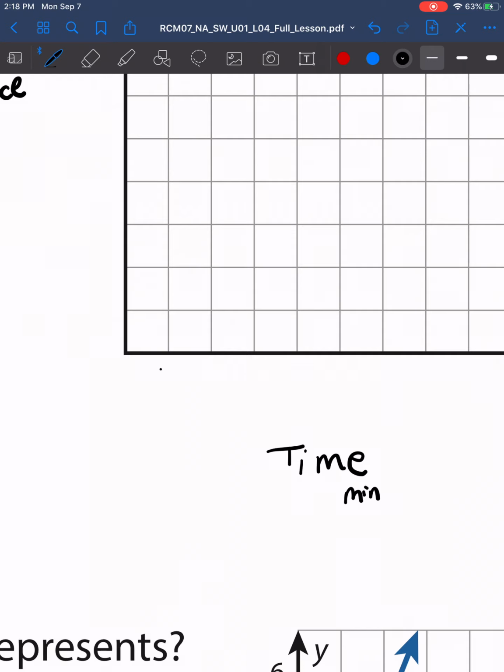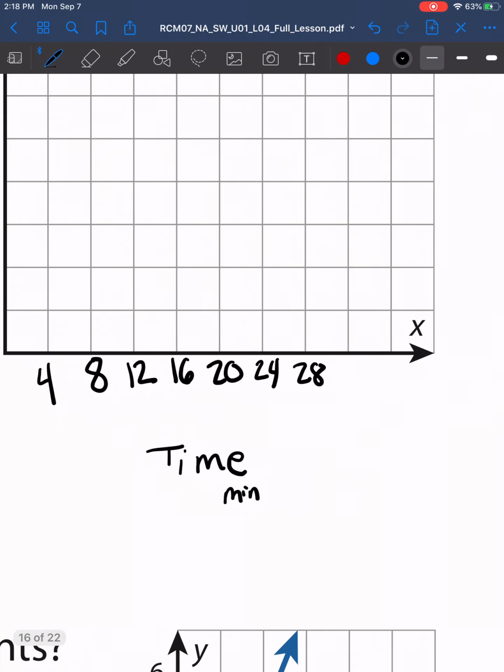We could say this is 4, and then this would be 8, and then this would be 12, this would be 16, and then this would be 20, and then this would be 24, and then 7 times 4 is 28, and then 8 times 4 is 32, and then 9 times 4 is 36.